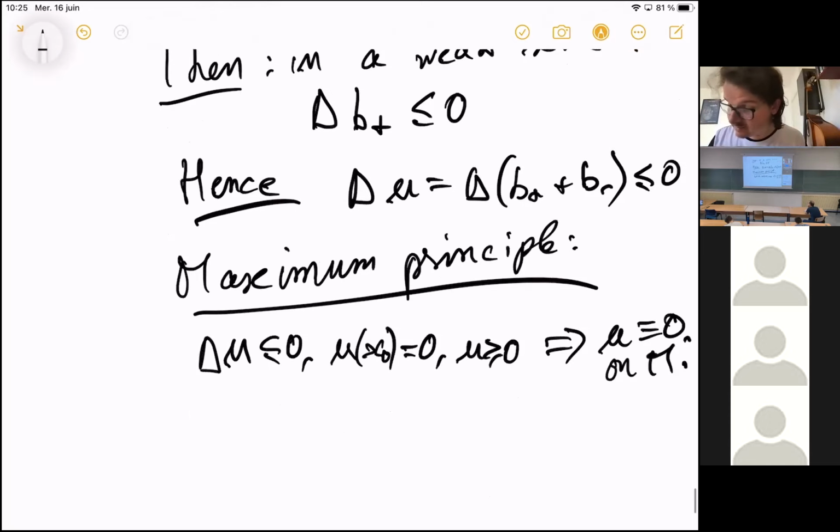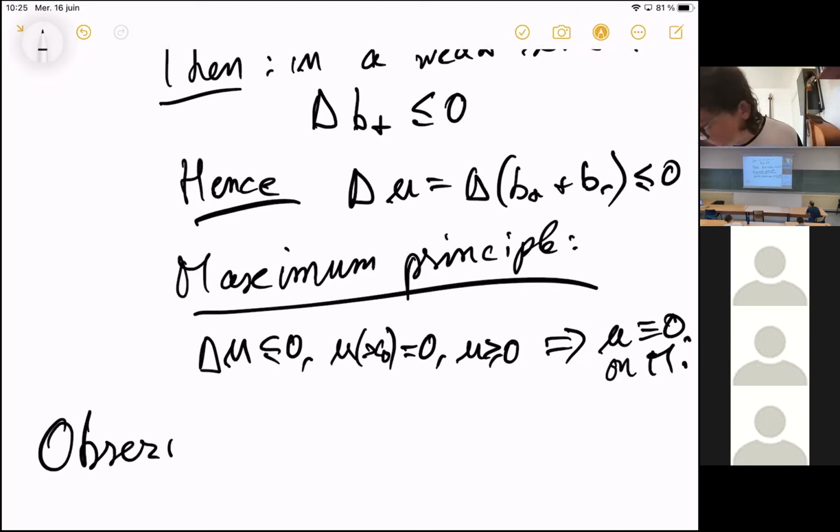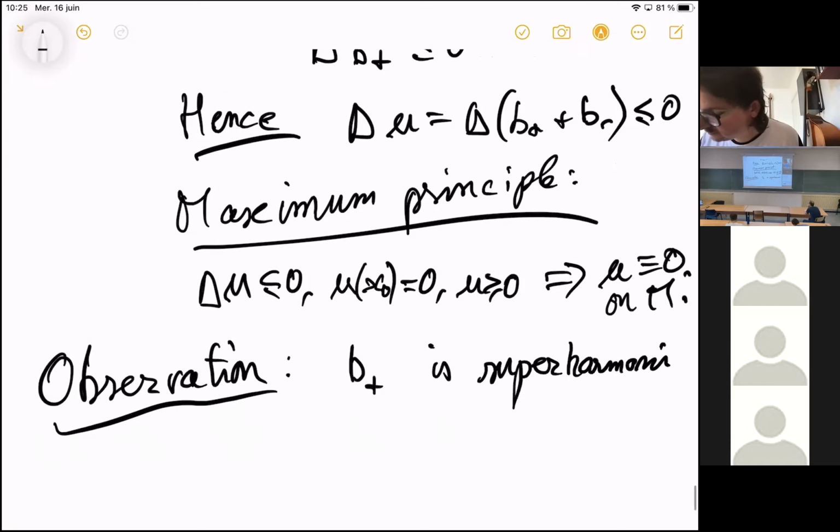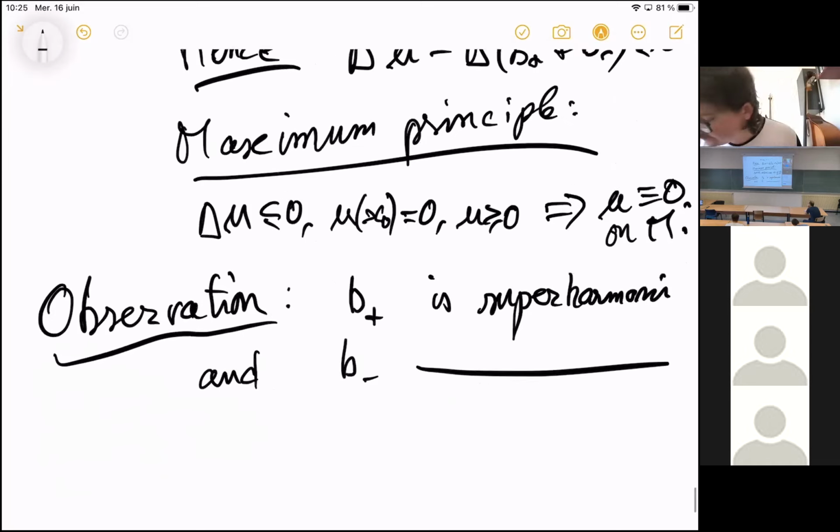Now, we are still not done, but we are almost done. So, observation now. B plus is superharmonic, and B minus is also superharmonic.